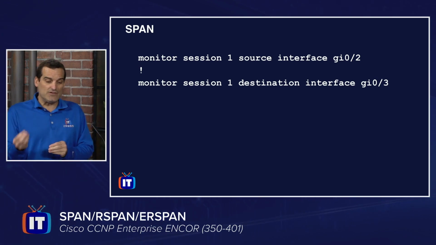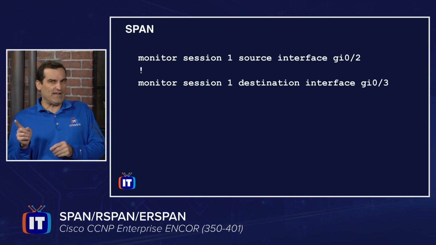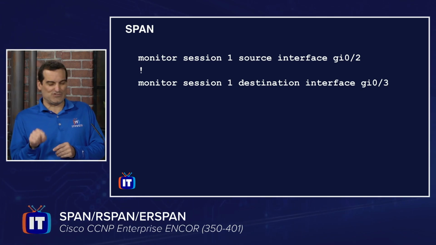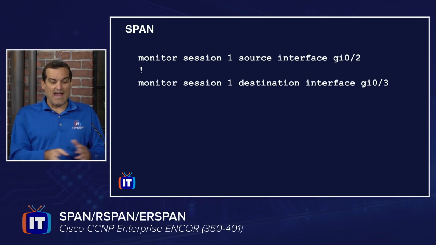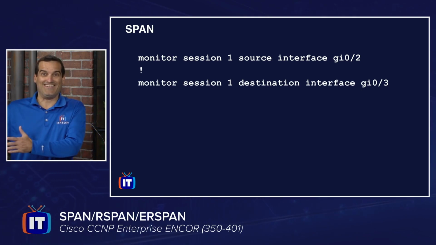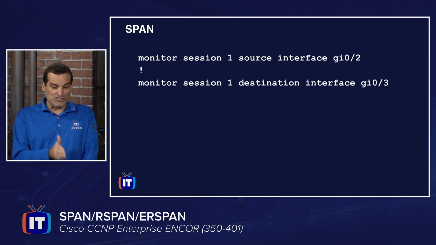By default, if you don't specify a direction, I do believe on most switches you get both directions. So source interface gigabit 0/2, I want the ingress and egress traffic, and I want to dump that to port gigabit 0/3. And you do monitor session 1 destination interface.